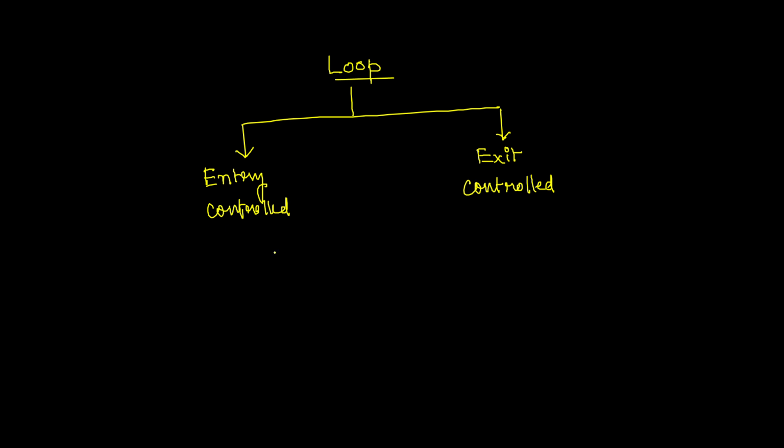For the entry controlled category, we have two different loops we can write. One is called the for loop and another is called the while loop. And for the exit controlled category, the loop that we write is called the do while loop. So these are the different loops we will see one by one through different types of problems.